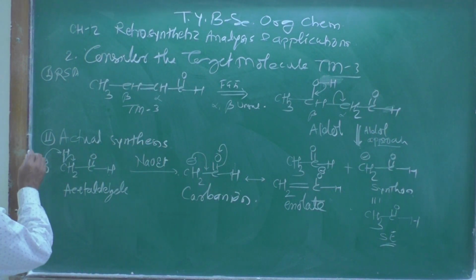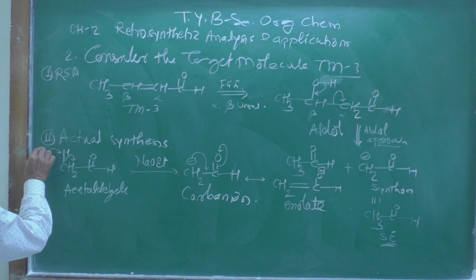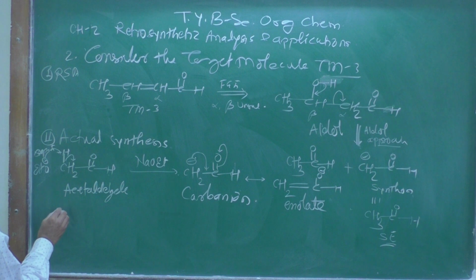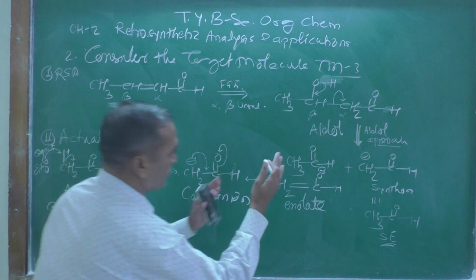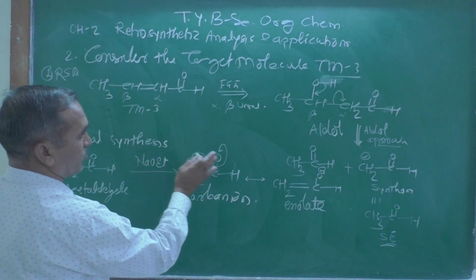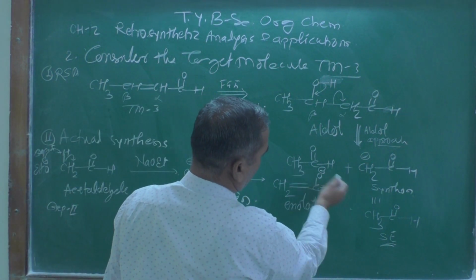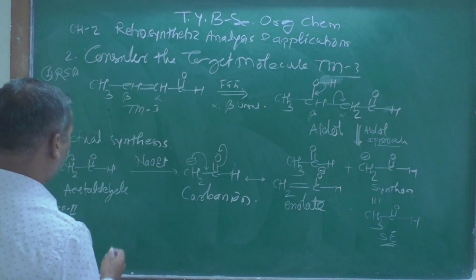Now this is step number first. Now let us see step number second. In step number second, I am taking another molecule, because there is one acetaldehyde, and another acetaldehyde will be here.